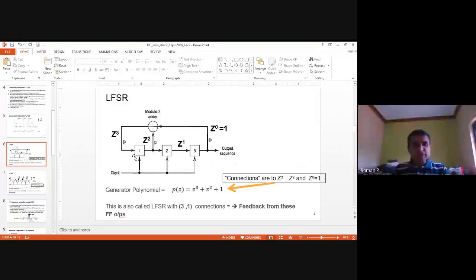So you have 3 flip-flops, flip-flop 1, flip-flop 2, and flip-flop 3, and the clock is connected, and the output sequence is taken from the last flip-flop. The polynomial governing this circuit is P of z equal to z cube plus z square plus 1.